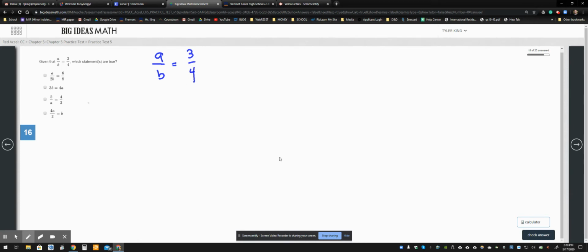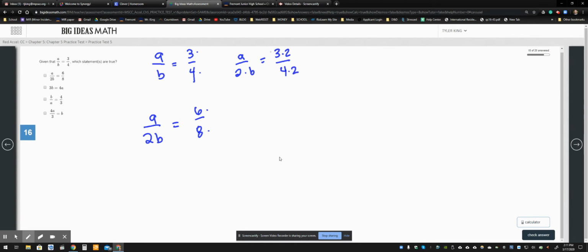Okay, so looking at this first one, we have a over 2b is equal to 6 over 8. Let's look to see how things have changed here. 3 became 6, 4 became 8. So really this is all just being multiplied by 2, right? We end up with a over 2 times b is equal to 3 times 2 over 4 times 2.